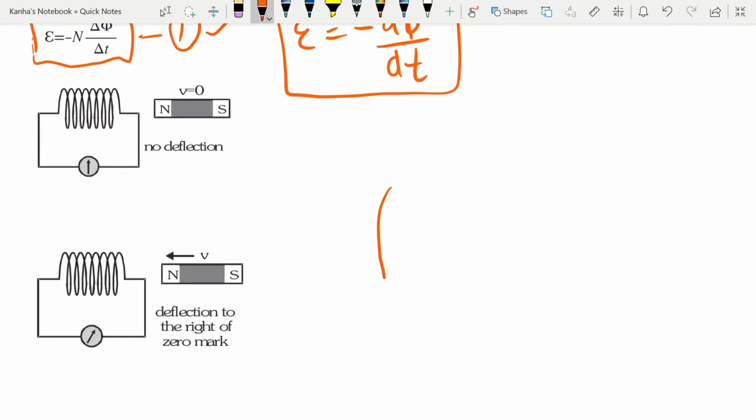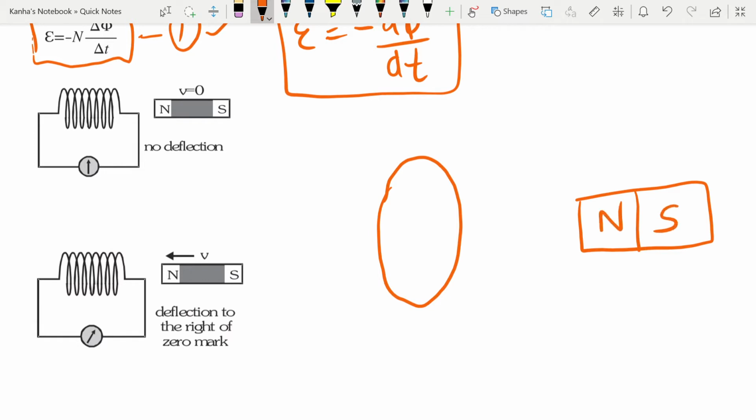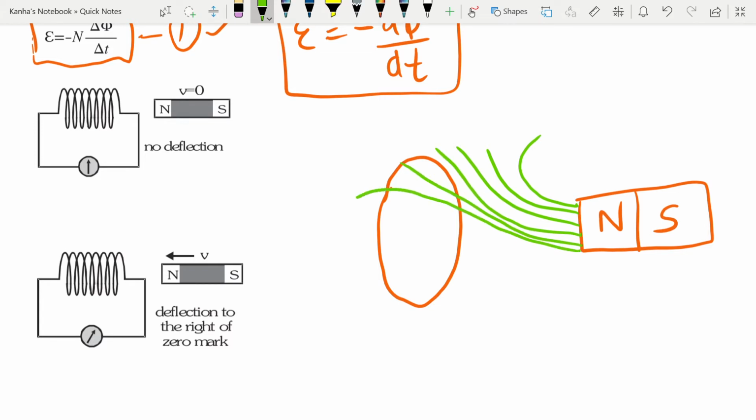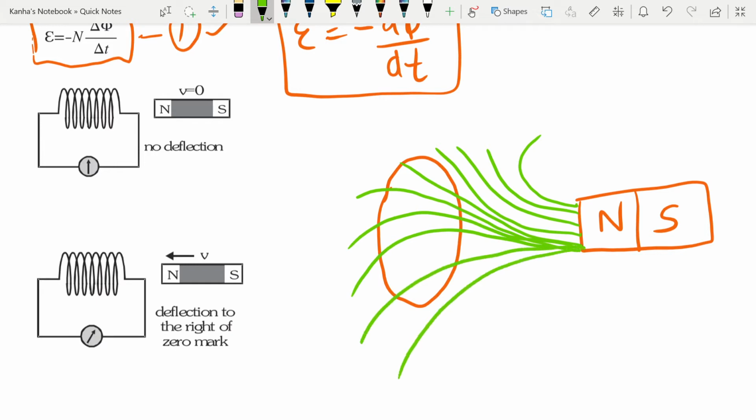Let me just make a simple coil for you, of 1 turn, and let me try to bring a magnet towards it. As you know, I have magnetic lines of force here, lines of force like this, like this.